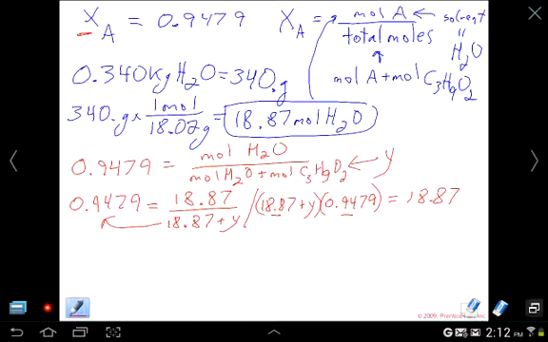This gives us 17.88 plus 0.9479y equals 18.87. Now to solve for y, we'll move 17.88 to the other side. So we get 18.87 minus 17.88, and that gives us 0.99.